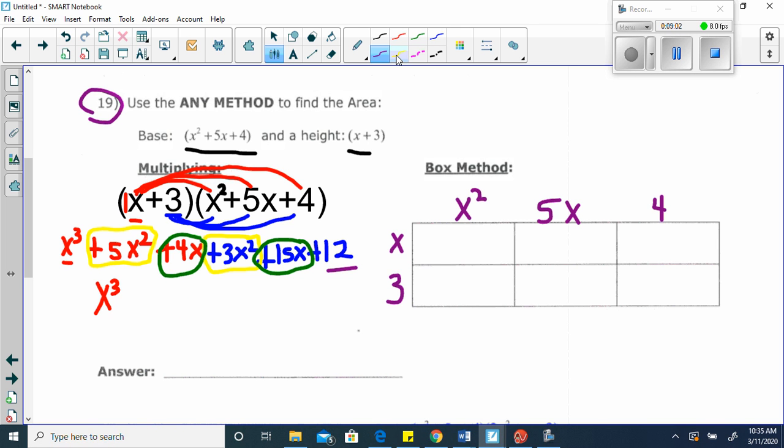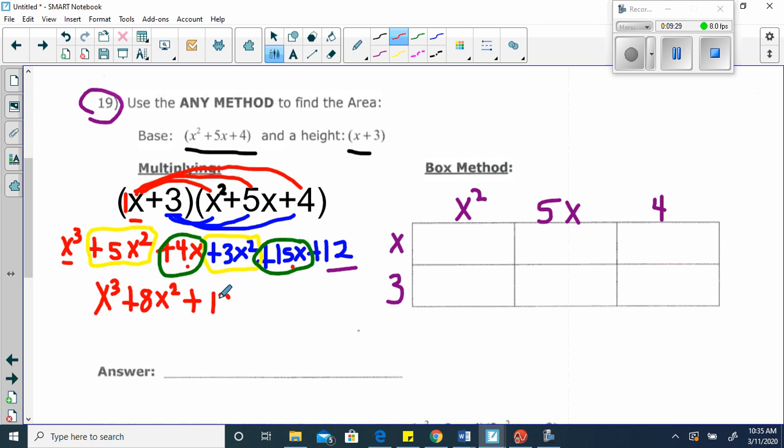So let's start with our next highest degree, which is 5x squared and 3x squared. So what's 5 plus 3? 8. I don't touch the exponents because I'm adding. I think that kind of answers your question, Erica, before. We don't touch those exponents because we're adding. 5x squared plus 3x squared, I have 8x squared. 4x plus 15x, we're going to combine those to give us what?